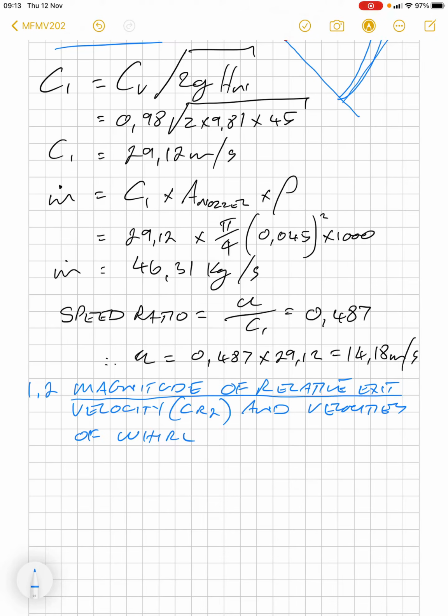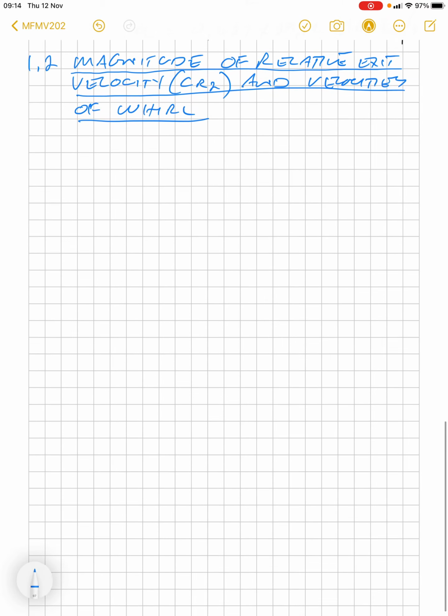These are velocities in the direction of travel of the blade. Alright, to do this question we have to draw our velocity diagram.